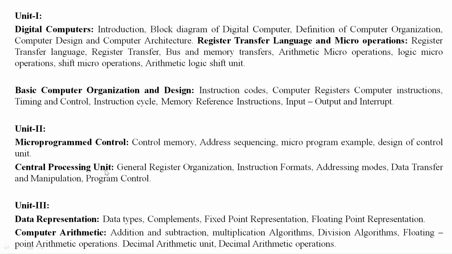Next, coming to the central processing unit, we will come across register organization, how the general registers are organized in a computer system, and the different types of instruction formats and addressing modes available in the system. Apart from that, we are going to study data transfer instructions, data manipulation instructions, and program control instructions.